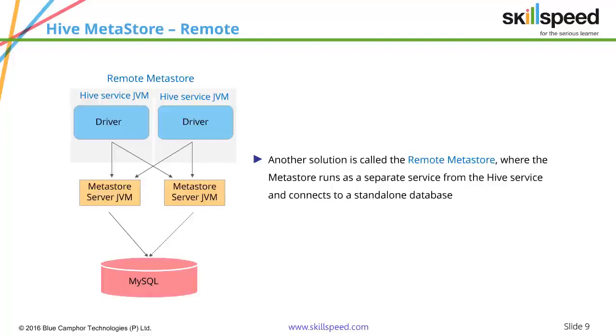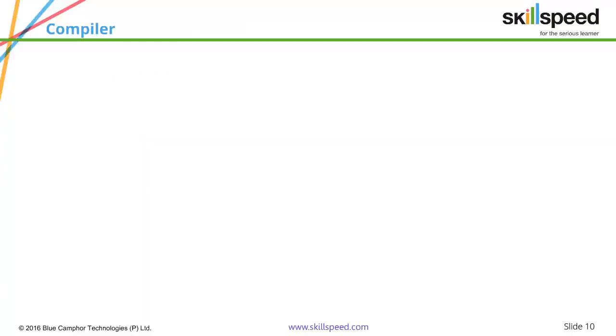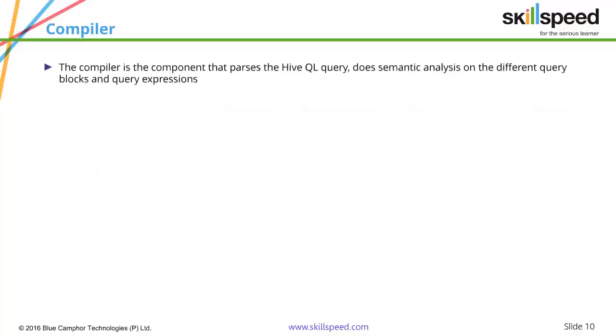Now let's have a look at how Hive exactly works and what the different components are. One of the main components of Hive is called a compiler. What the compiler does is, if you type a Hive query, it will parse the Hive query and make sure there are no syntax errors. It will also logically analyze the query to make sure that it can return a value or a set of values.